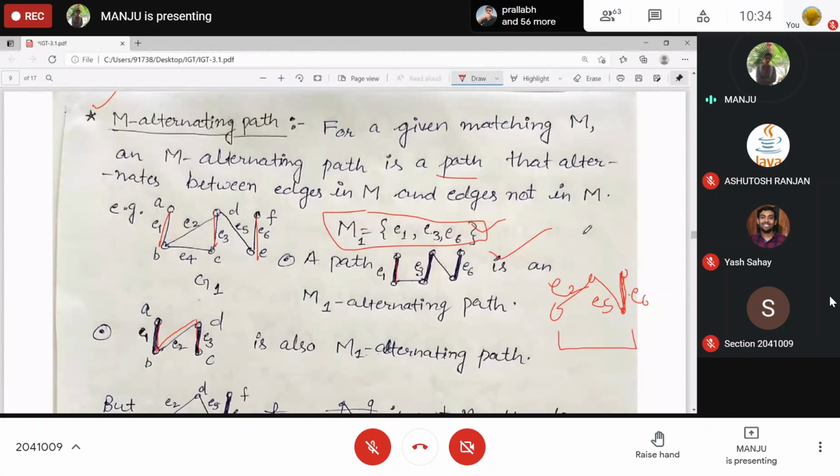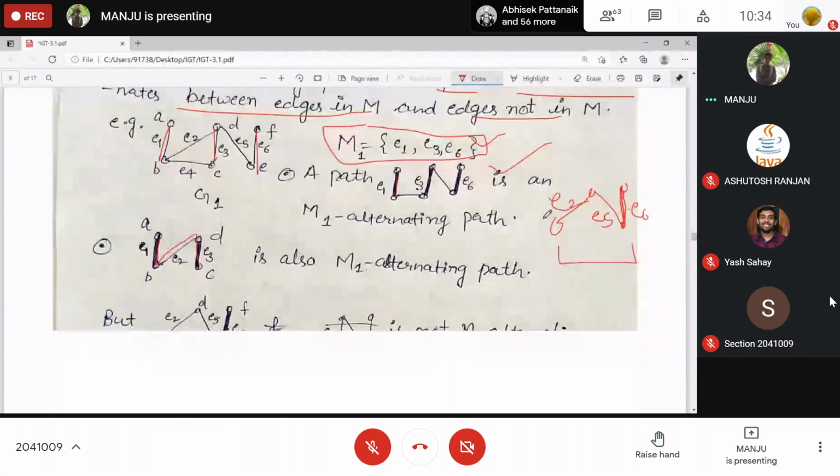No, right? You have two consecutive edges that do not have any edge from M. So any path that alternates between the edges of M and edges not in M is known as an alternating path.